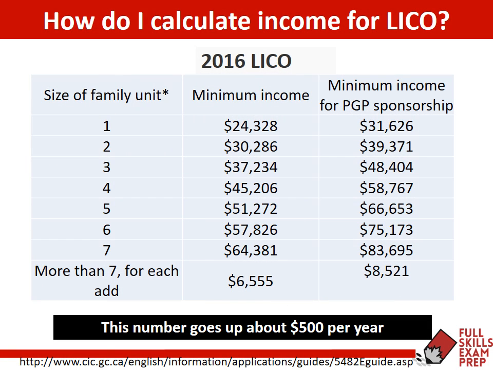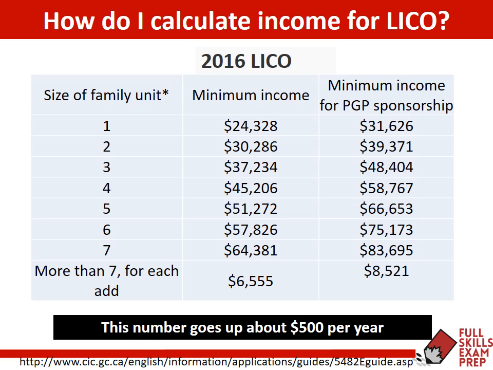Now, this is one of the trickiest parts of the exam, and that has to do, of course, with really specific tiny little numbers like this. That's exactly why you have your test day data book. Currently, the numbers for 2016 are, as you can see over here. In general, this number goes up about $500 every year.